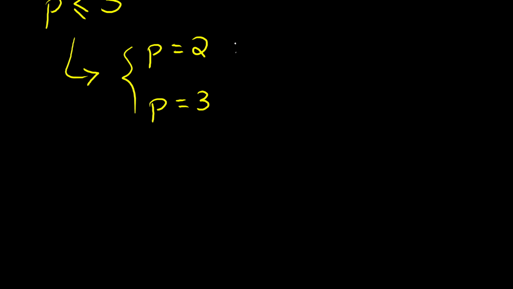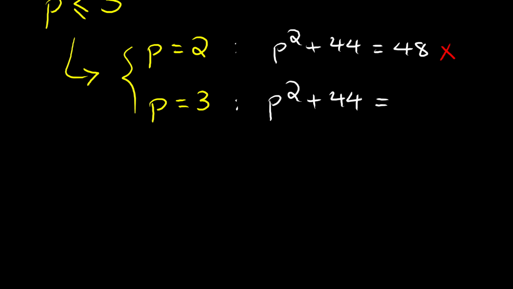Now if p equals 2, then p squared plus 44 is going to be 48, which is clearly not a prime number. But if p equals 3, then p squared plus 44 is going to be 9 plus 44, which is 53, and 53 is a prime number.